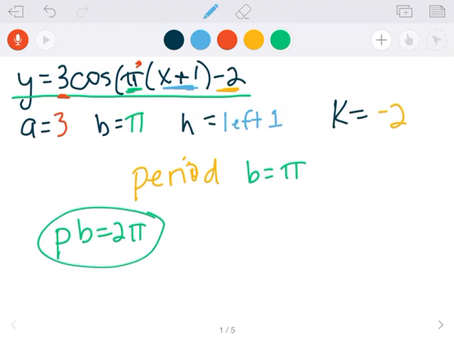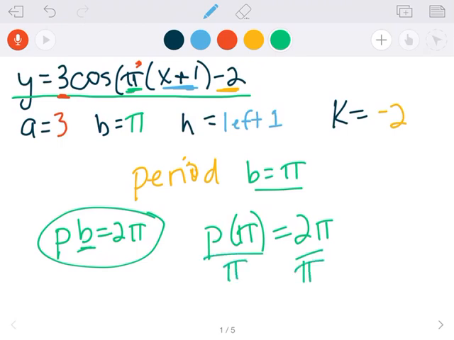So if B is pi, then we'd have P times pi equals 2 pi. I just substituted pi in for B. Then to figure out the period, I'm going to divide by pi on both sides, which cancels out the pi on each side. We're left with the period is equal to 2.